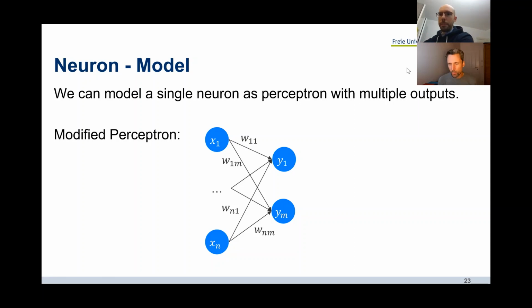Yeah. So the same graphical or geometrical interpretation holds as well, and each of these units now represent, let's say, different aspects of the data. Exactly.